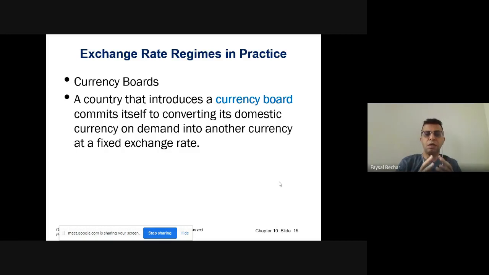Kuwait commits itself not only to US dollars, but also the British pound and euro, and they say we are willing to supply you as much as you want if you demand our Kuwaiti dinars or demand one of these currencies.